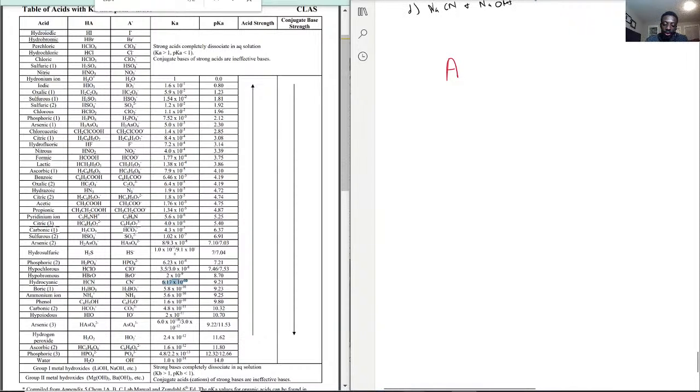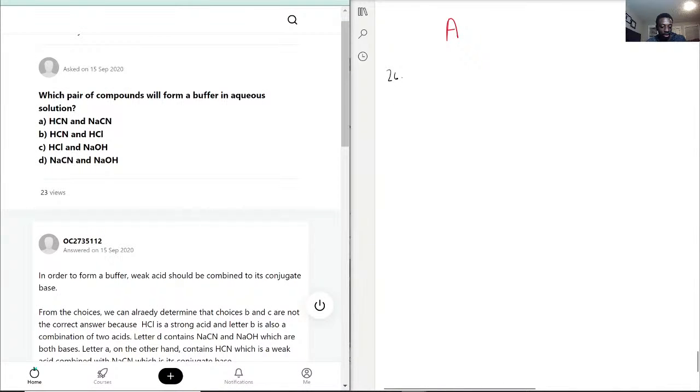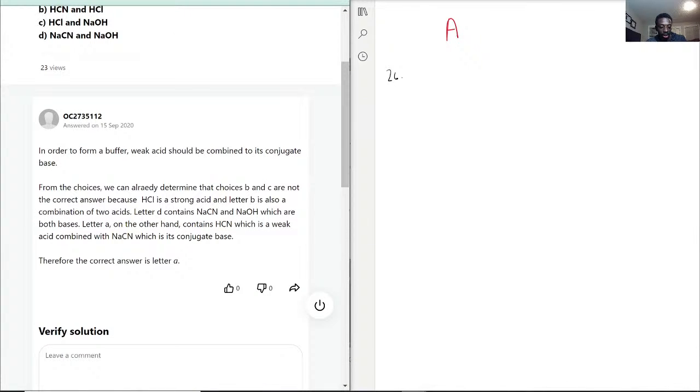Let's move on to question 26. But before we do, let's actually see what they said here. So HCl is a strong acid, and HCN is also an acid, so that one won't even work. So B wouldn't work. D are two bases, and exactly.